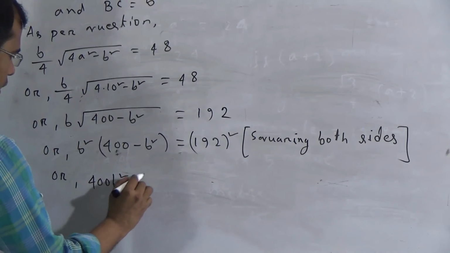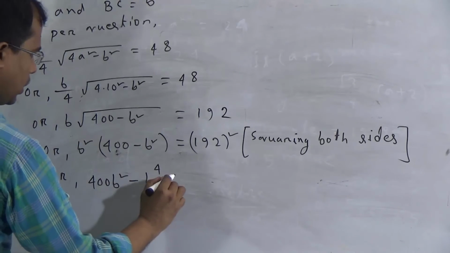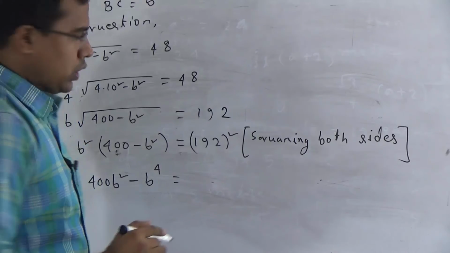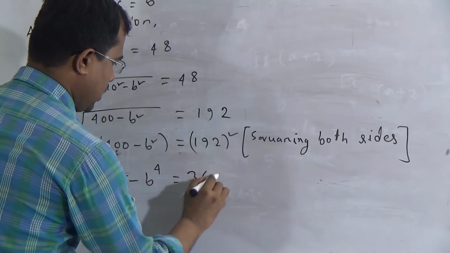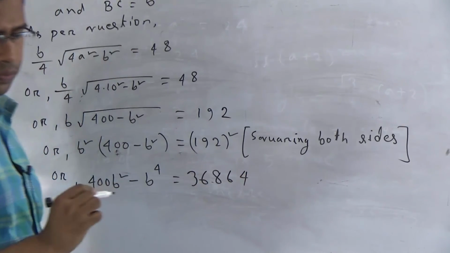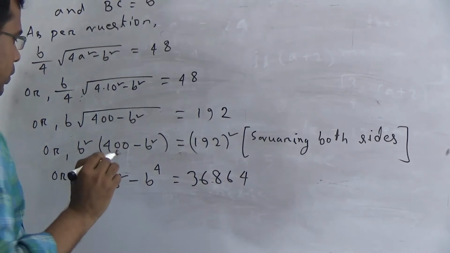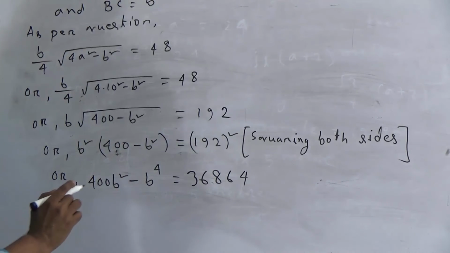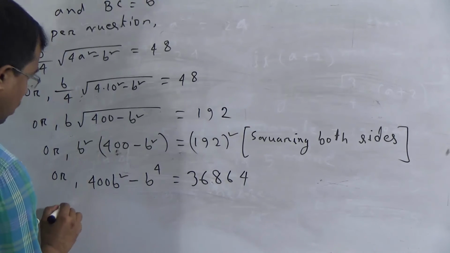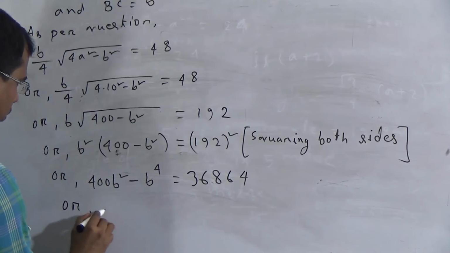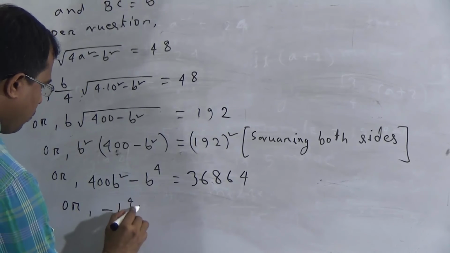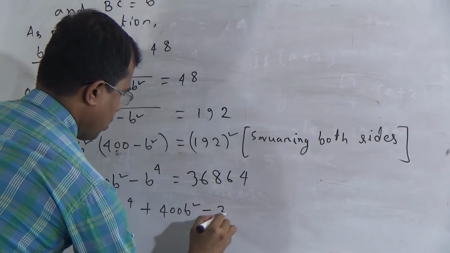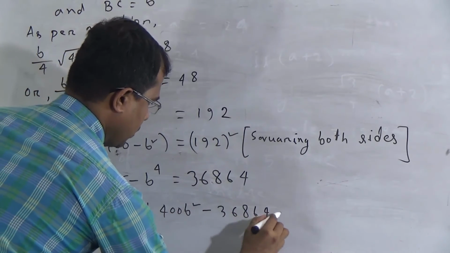400 B square minus B to the power 4 is equal to, the square of 192 is 36864. Okay, now we have to find out the value of B. So now minus B to the power 4 plus 400 B square minus 36864 is equal to 0.